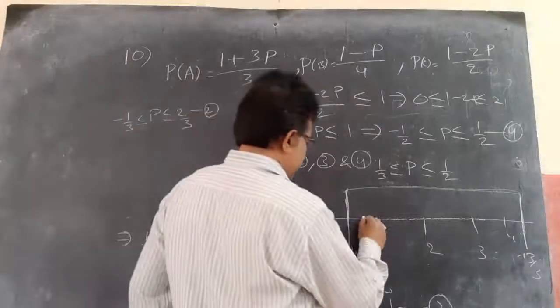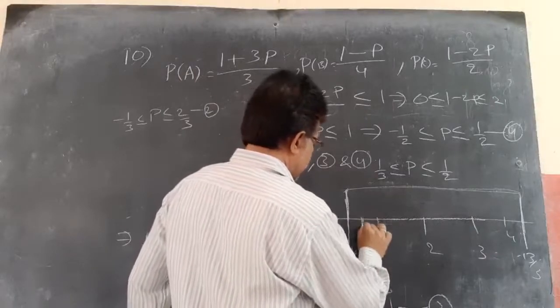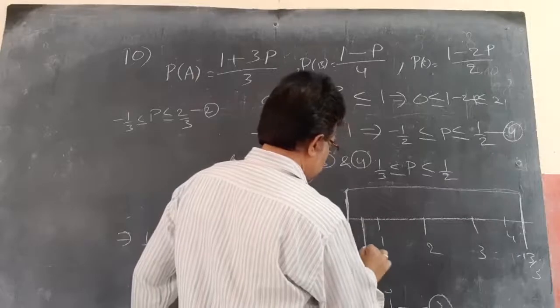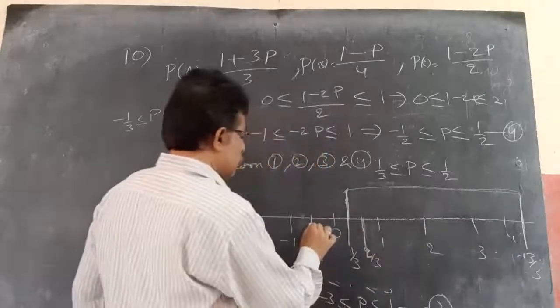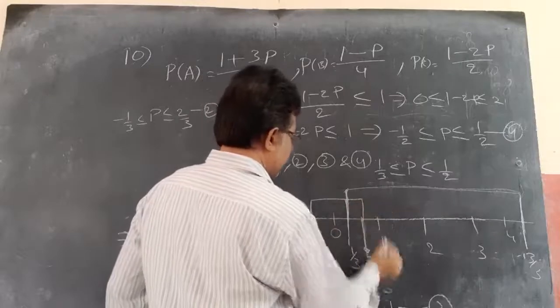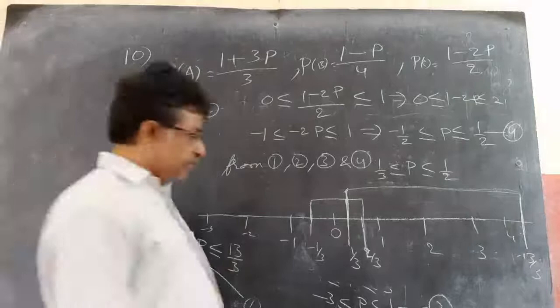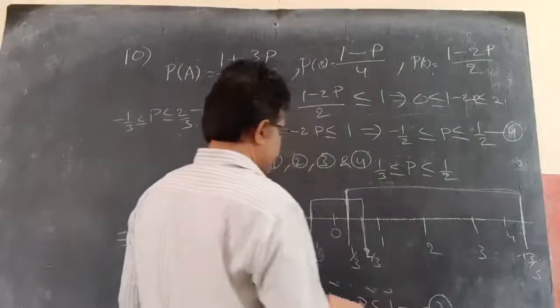After 1 by 3, somewhere here you will get 2 by 3. So minus 1 by 3 to 2 by 3 is the second inequality.